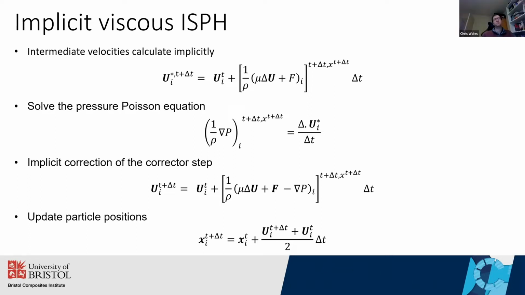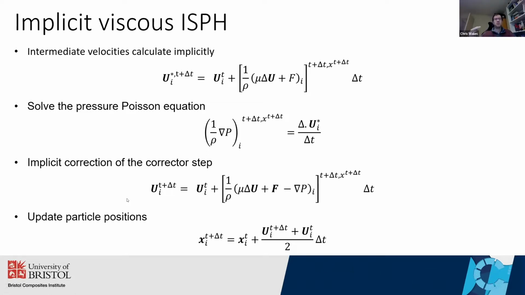So we've got our intermediate velocity. We then have the standard pressure Poisson equation solved. And then finally, we put that pressure field back into the equation and re-solve implicitly the velocity field at the future time step. Then we update the particle position.